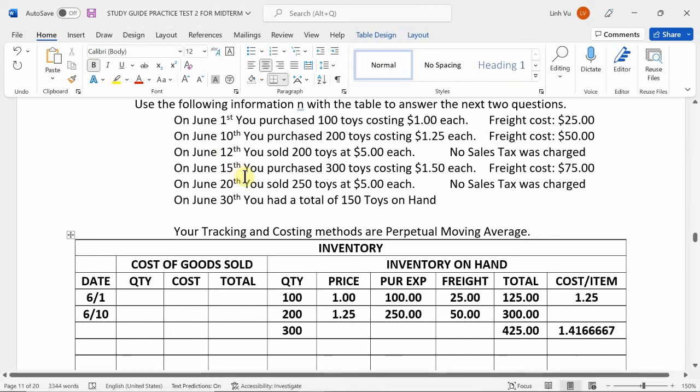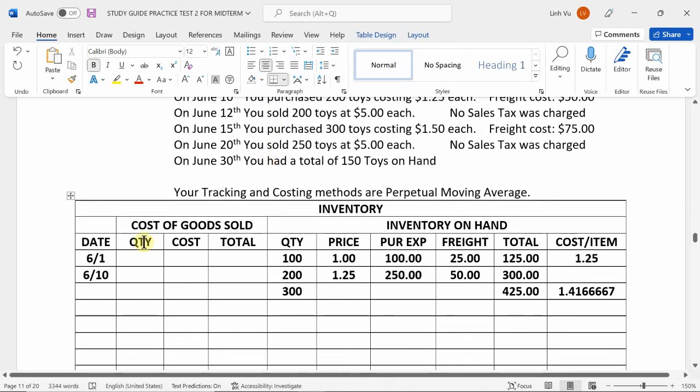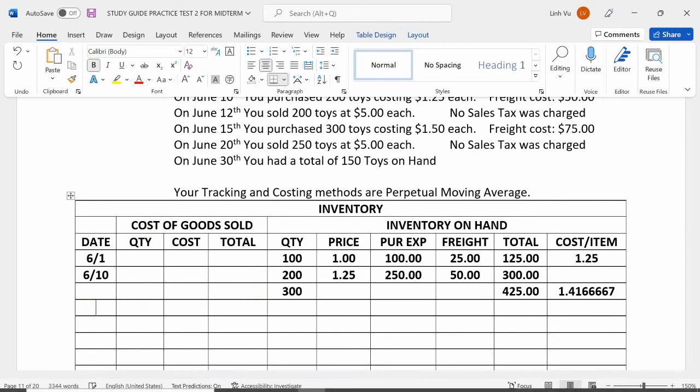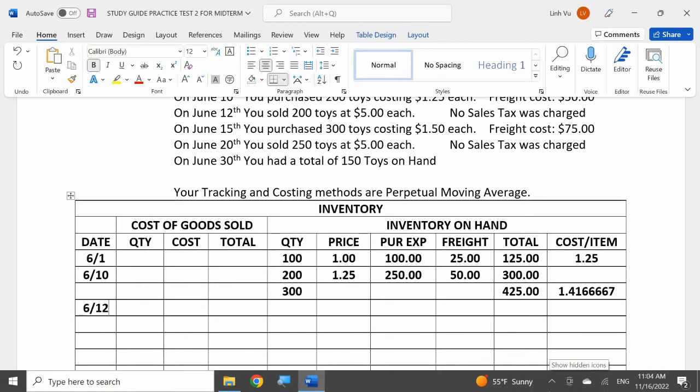The next one says here that you end up selling 200 units. So June 12th, we sold 200 units at 1.416, and that's going to give you a total of 283.33.